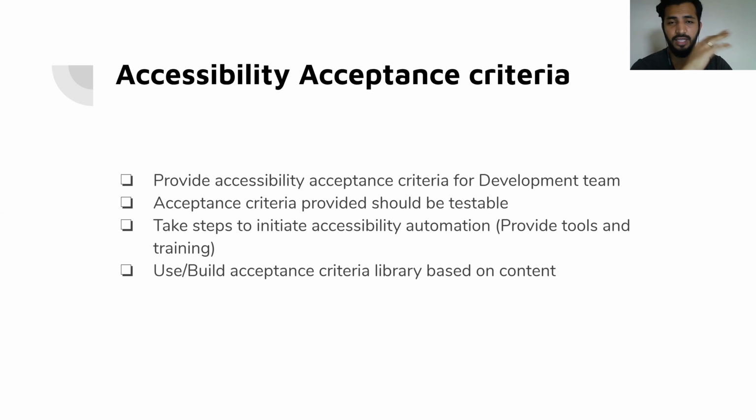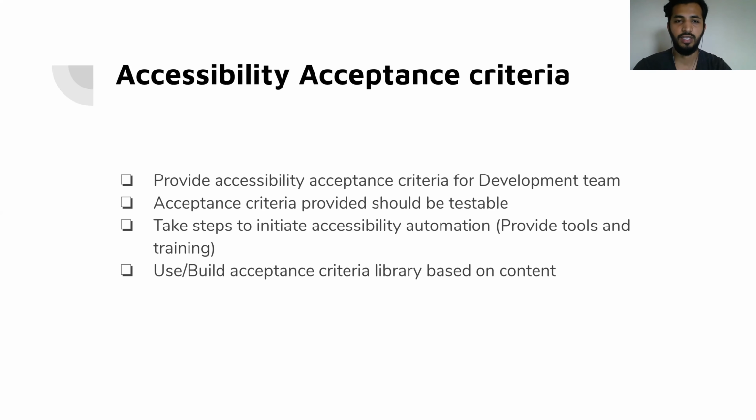The criteria that an accessibility engineer should put out for developers should be testable. For example, if we are considering a button, right, and if we are considering a criteria like name, role, and value, it is a testable criteria. That's something that a developer can make sure while they're developing it.